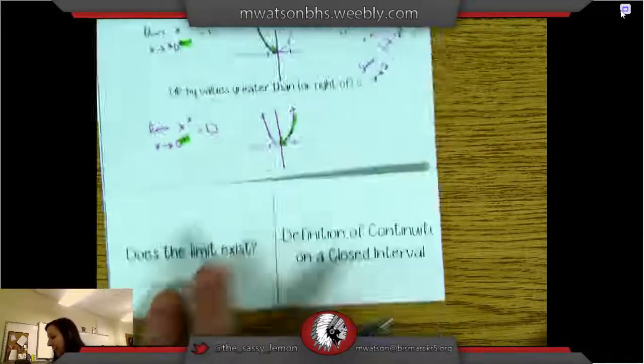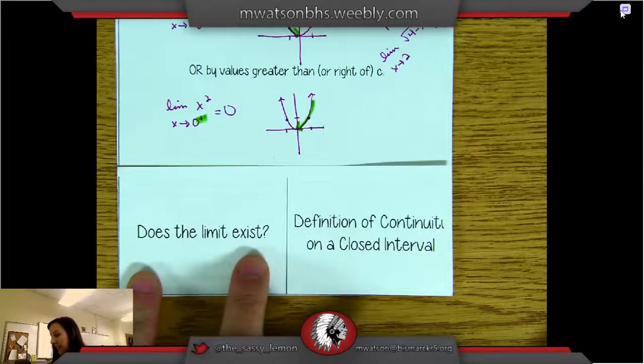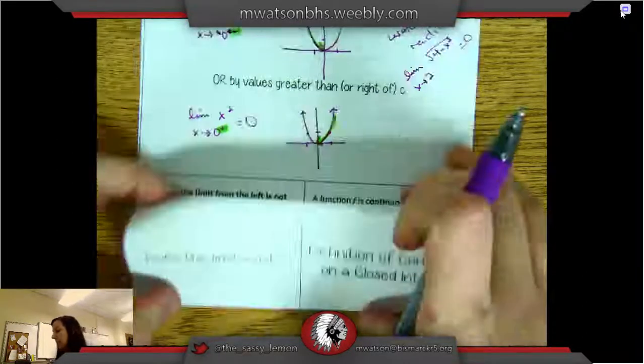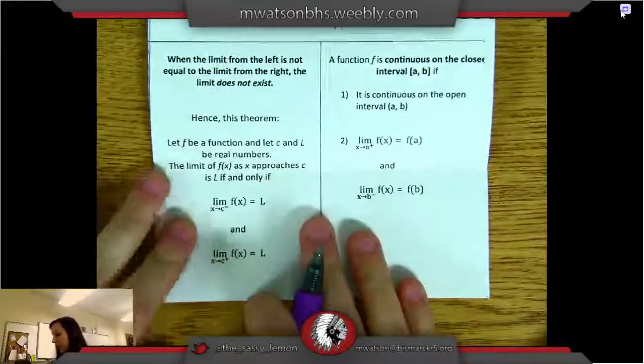And now we go to this tab. Does the limit exist? We've already talked about this. We talked about if the limit is different from the left and the right, then the limit does not exist. This is just the mathematical definition of it.